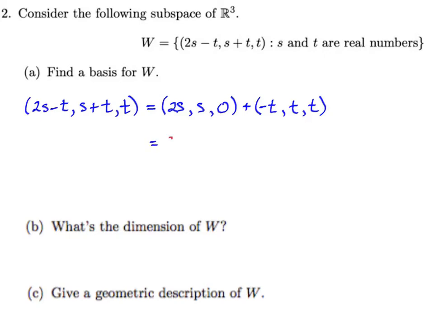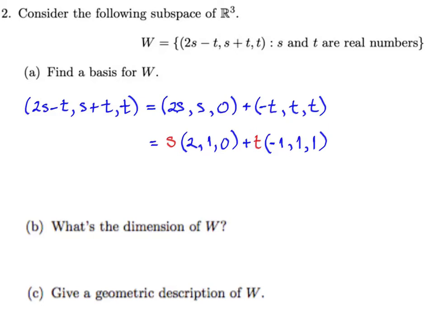So the first one is s times 2, 1, 0. The second one is just t times negative 1, 1, 1. Here I've rewritten an arbitrary element of W as a linear combination of two vectors in R3. Clearly I've found a set of two vectors that spans W, because anything in W is a linear combination of just these two vectors.